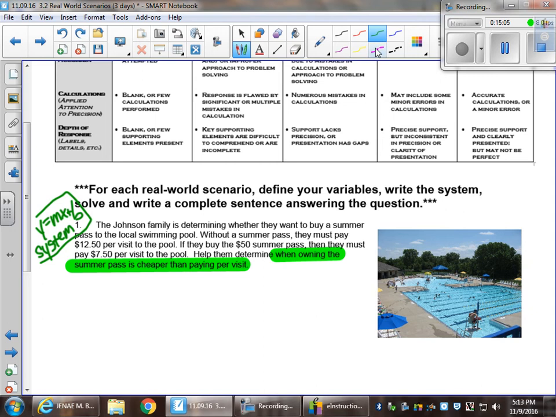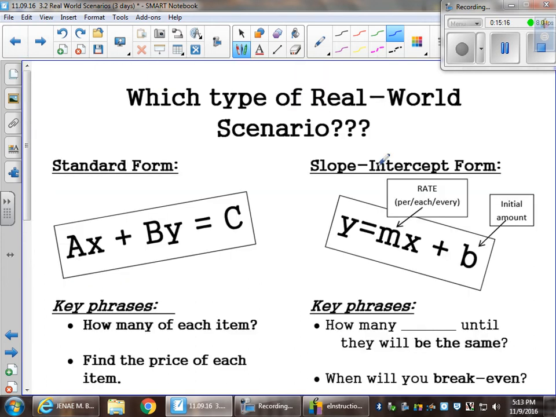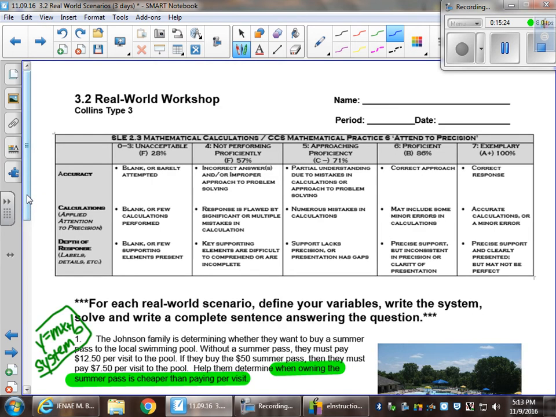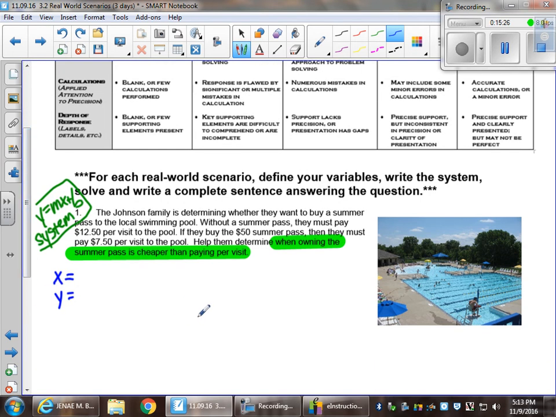Defining our variables, no numbers. How am I going to do that? Well, again, keywords. For the rate to know what X is, per, each, and every. We look for those vocab words. So if I look here, do you see per, each, or every? I see per visit. Did you see that?